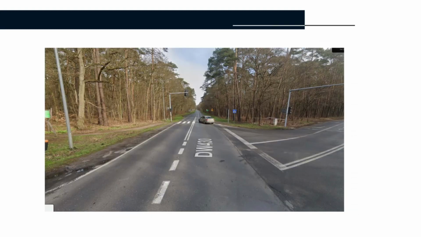And as you see on Google Maps, it looks like that. So I was right, because the whole intersection is like a rural intersection, and we are not thinking that some people will appear here, because there is no sidewalk.